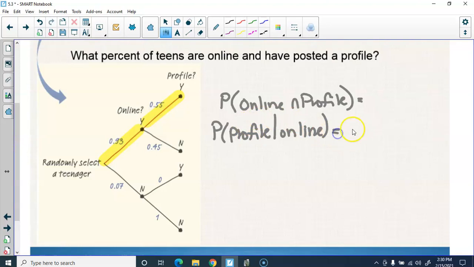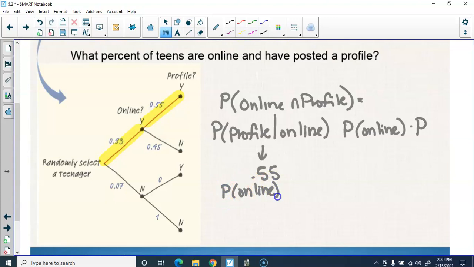So we do probability of online times the probability of profile given online. We need both of these things. This is 0.55, and the probability of online is 0.93.